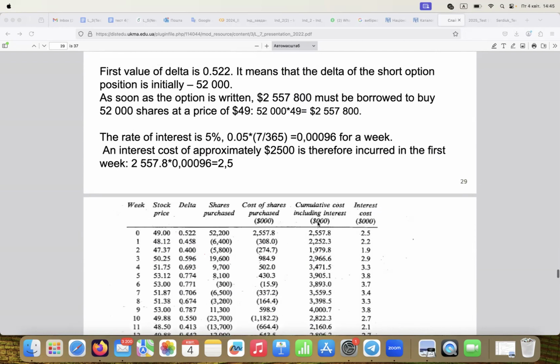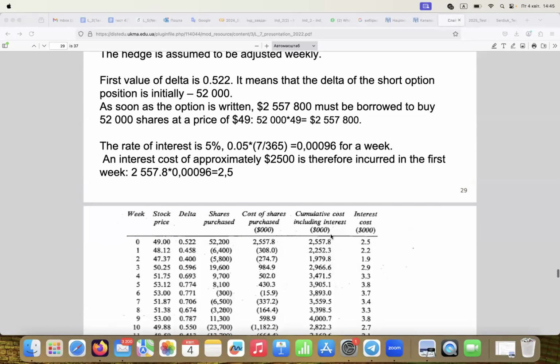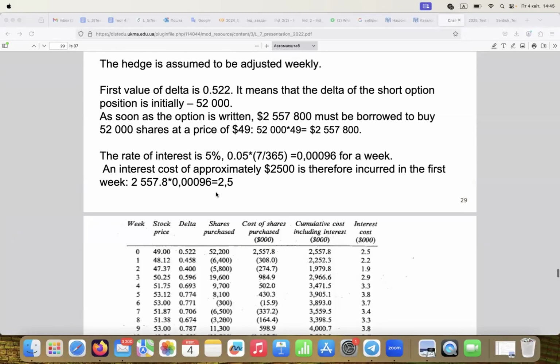So we need to pay for this debt. So it is our cumulative debt, and we need to pay an interest rate of 5% per year. So for 1 week it will be this.